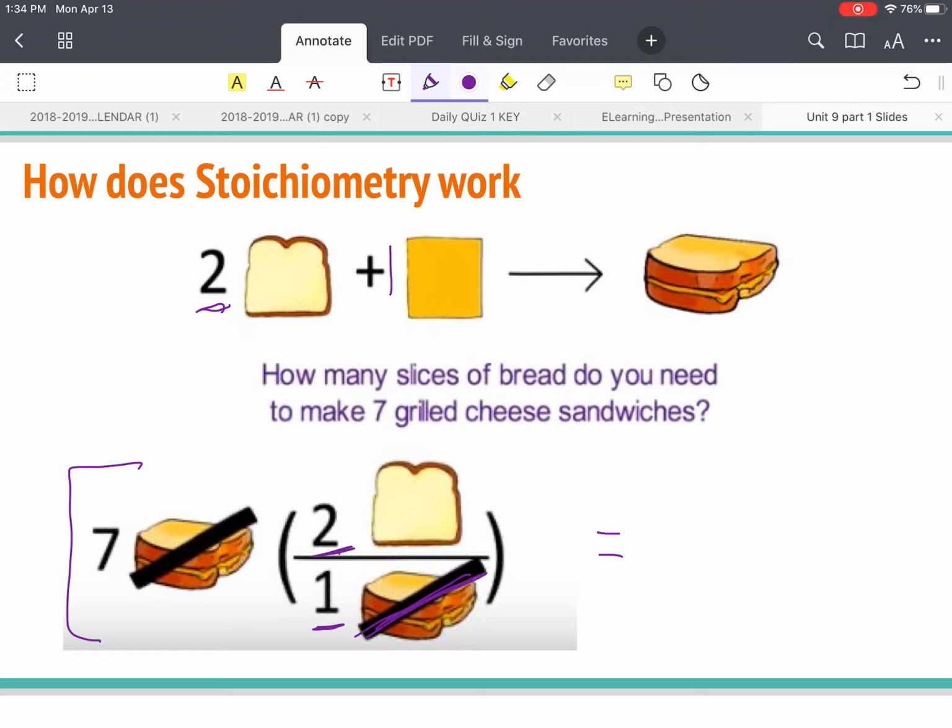So I put my grilled cheese on the bottom so that they'll cancel out. So I'm left with my slices of bread. I'm just going to solve that by 7 times 2. So I know I'm going to need 14 pieces of bread to make 7 grilled cheeses.